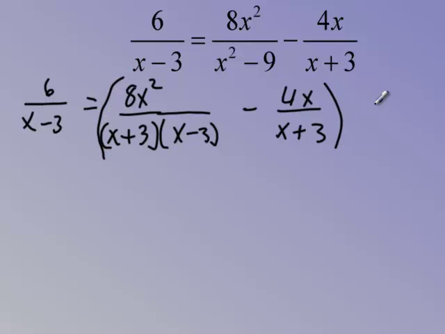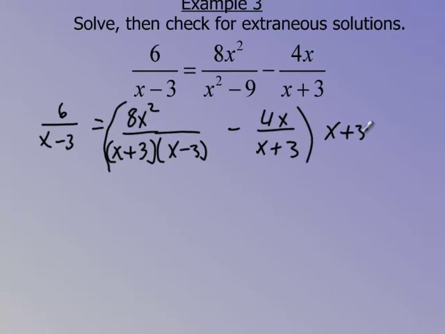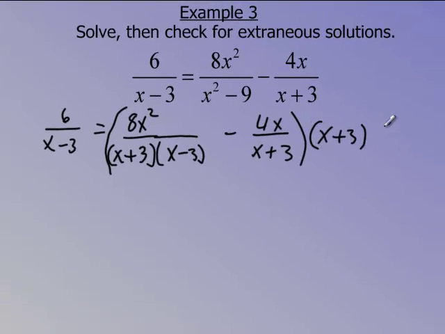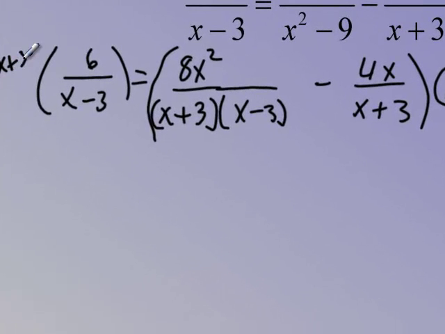So I'm going to multiply by that, x plus 3 times x minus 3, on this side as well as the other. I'll just have to write it like that because I'm out of space.